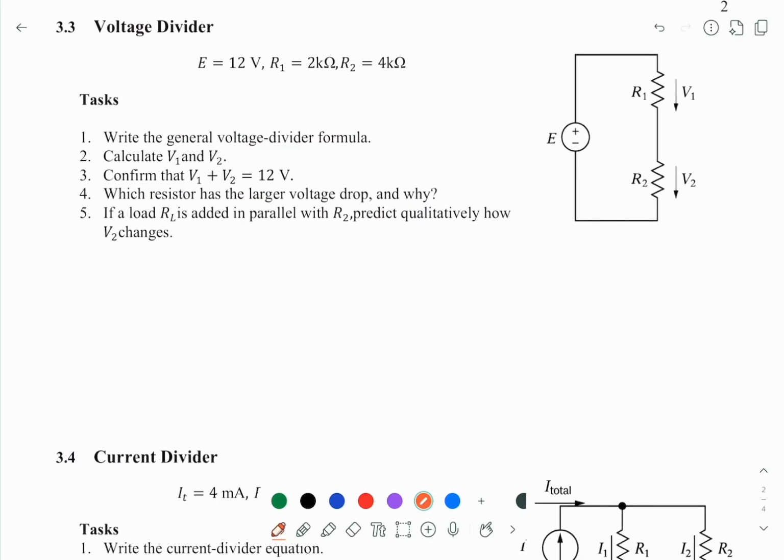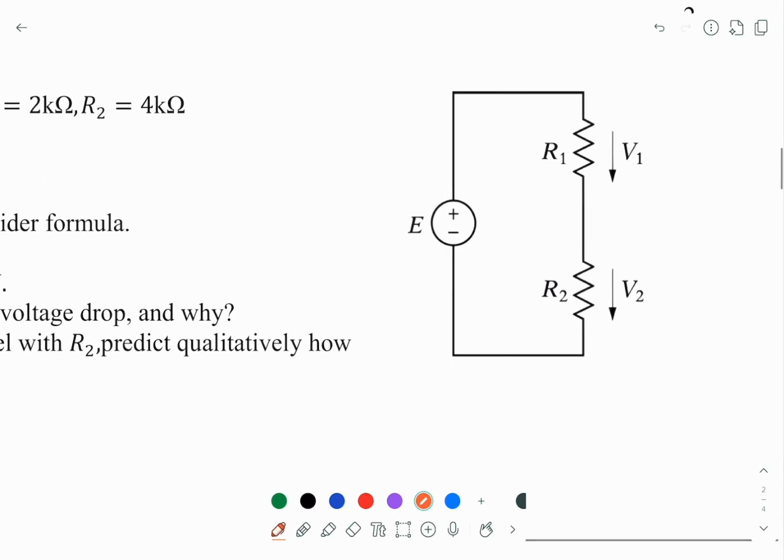In this part, we will review the voltage divider and also we will introduce the current divider. First, if we have a voltage source and we have two resistors, R1 and R2, you can imagine this one will divide our potential into two parts.